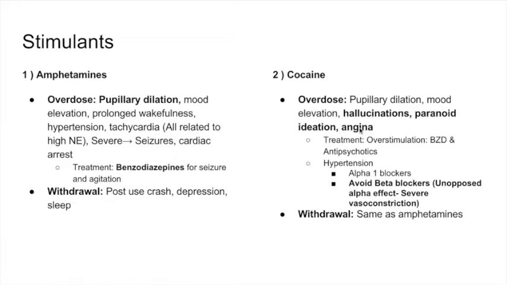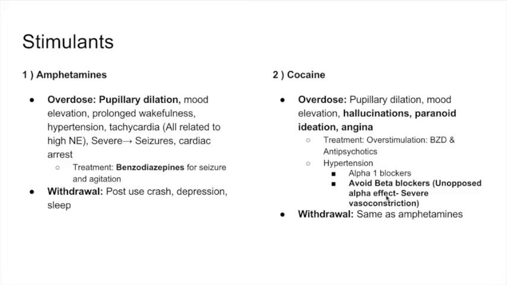Treatment for cocaine overdose is, for overstimulation, you can give benzodiazepines and antipsychotics. I failed to mention that overdose of cocaine also causes hypertension, because of the norepinephrine release. For hypertension, we use alpha 1 blockers, and we want to avoid beta blockers.